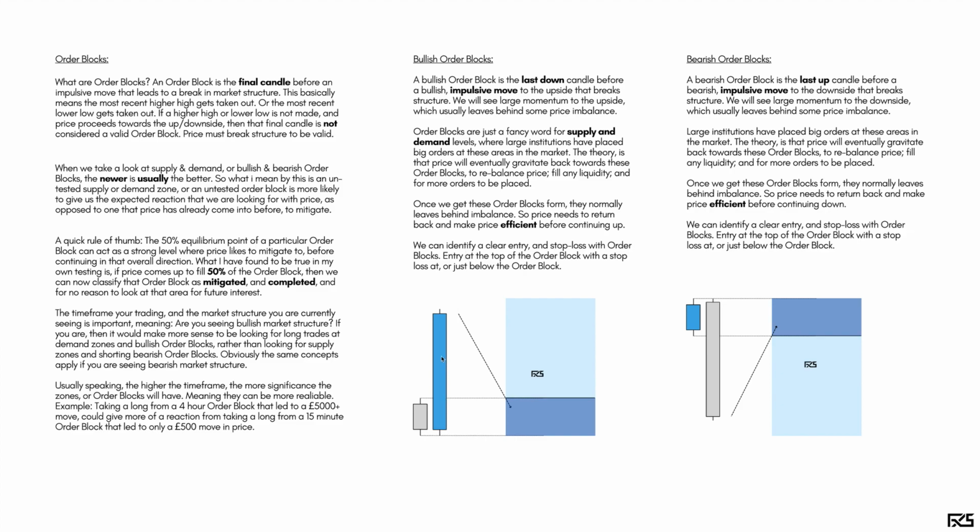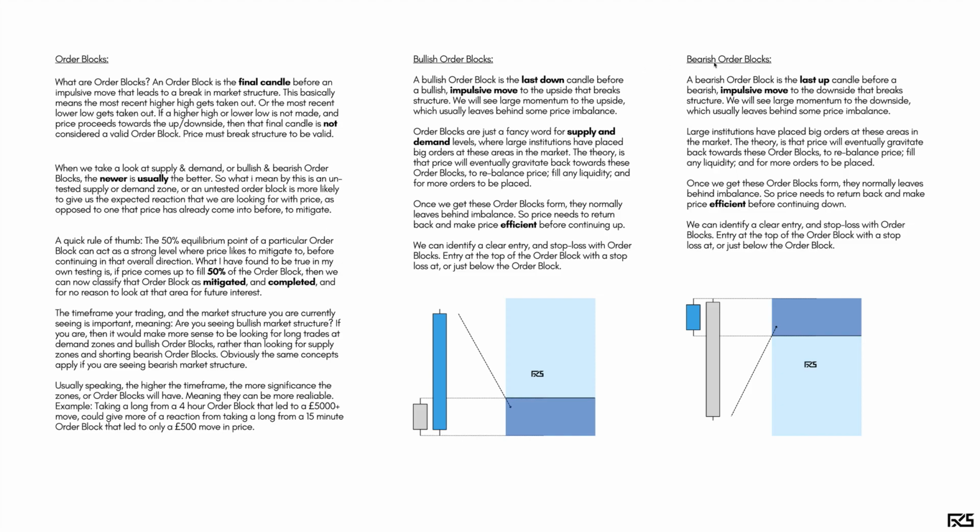So once we impulsively move away, we can set an entry at the top of the order block, and our stop loss can be at the low of the order block, or we can put it just below if we have some wicks, or if you want to just account for a bit of spike in, you can put it a couple pips below, so price can tap in, rebalance price, and then continue to the upside.